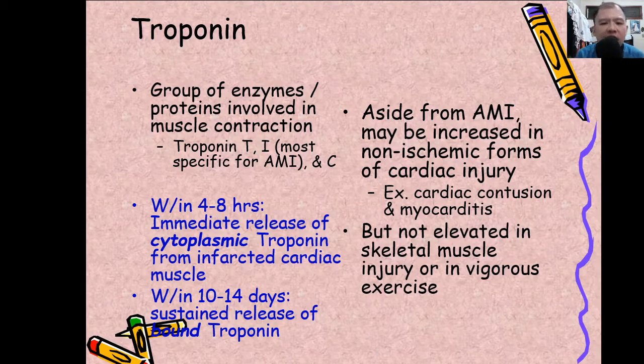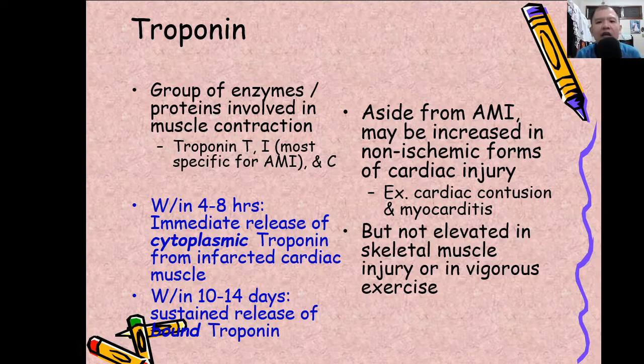So this is probably why troponin, especially troponin I, is considered the most specific marker for acute myocardial infarction, because the levels of troponin in myocardial infarction stay elevated for as long as 2 weeks.